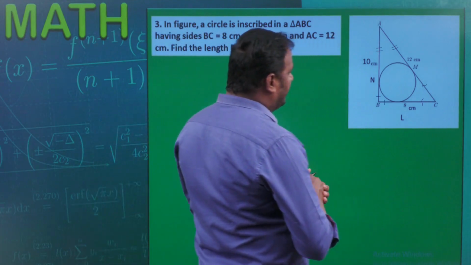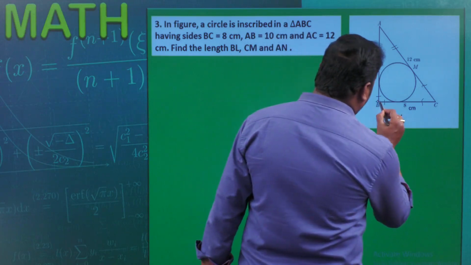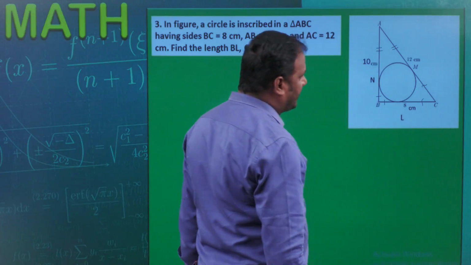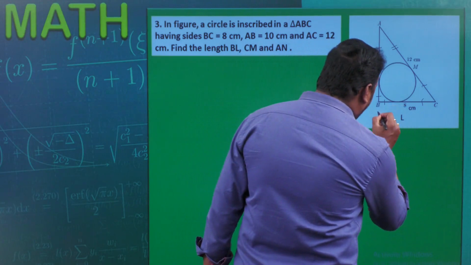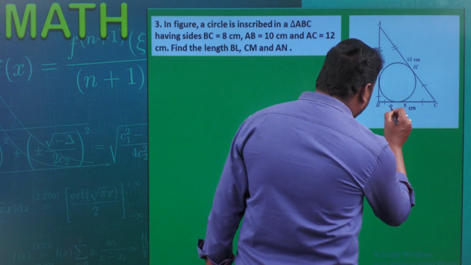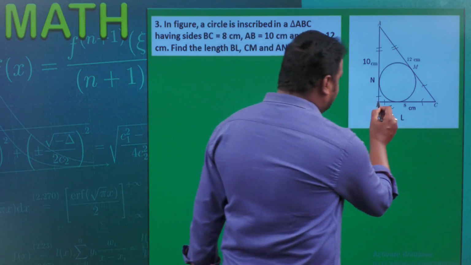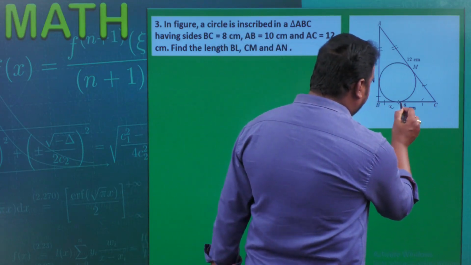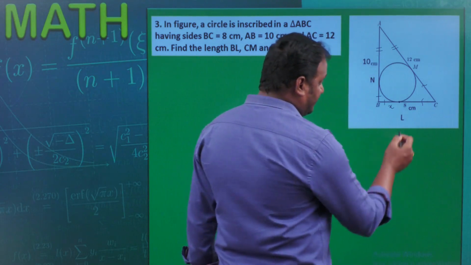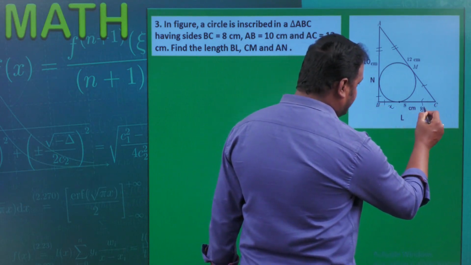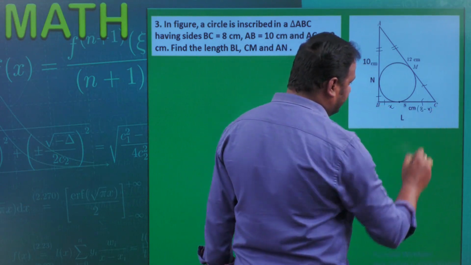Now, my point here is this total length is equal to 8 centimeters. I am taking BL is equal to some x centimeters. If BL is equal to x, and the total is 8, then what is the length from L to C? Total is 8, right? So it is going to be 8 minus x. Am I clear?